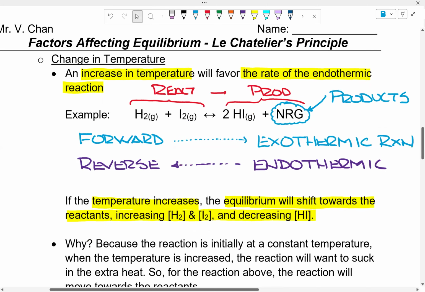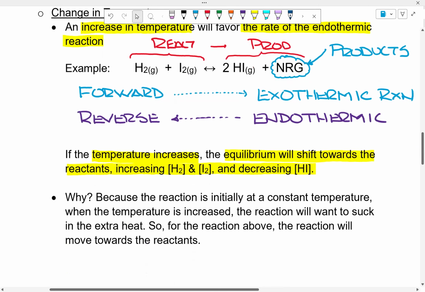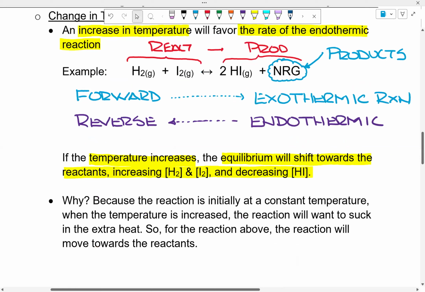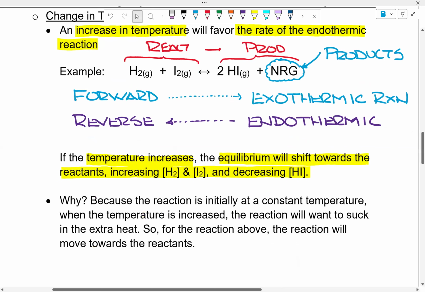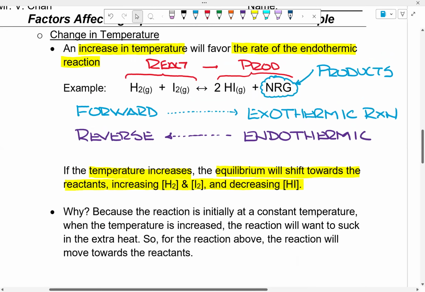Now, why does that occur? It is because the reaction is initially at a constant temperature, and when the temperature is increased, the reaction will want to suck in the extra heat. So for the reaction above, the reaction will move towards the reactants. Again, for this reaction only, and the reason is that the energy term is in the products.